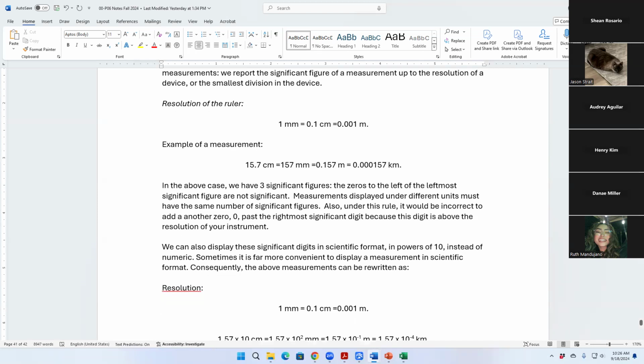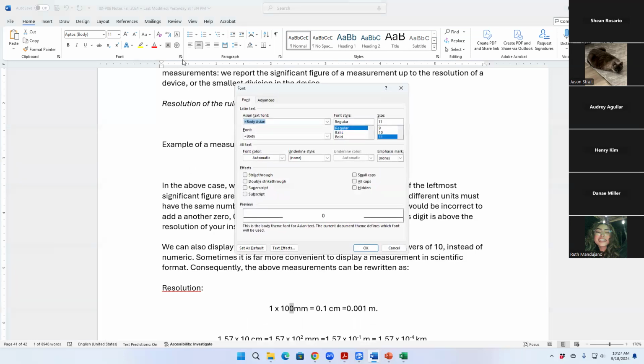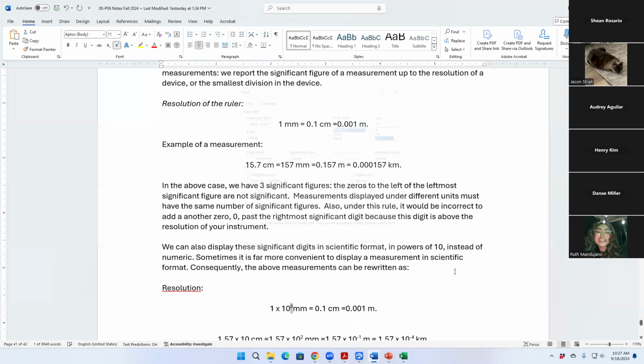Now here we can write 1 times 10 to the, but this 10 is going to be raised to the 0 power, which results in 1. And the resolution itself has just 1 significant digit. And then we repeat for the others. Okay, minus 1. Minus 2.